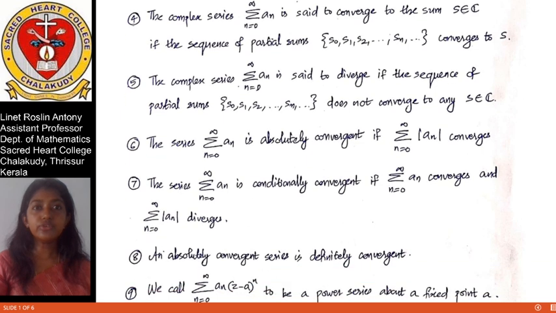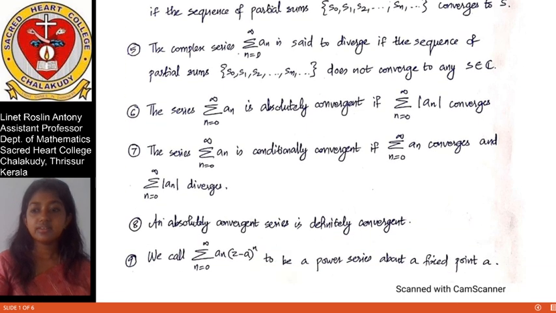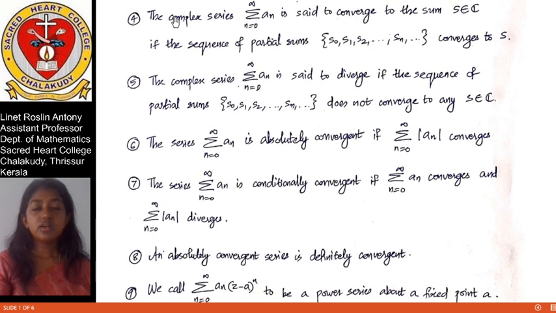Now, the point 4 to recall is a complex series summation n equal to 0 to infinity a_n is said to converge to a sum s belongs to the set of complex numbers if the sequence of partial sums s0, s1, s2, etc., sn, etc. converges to that complex number s.